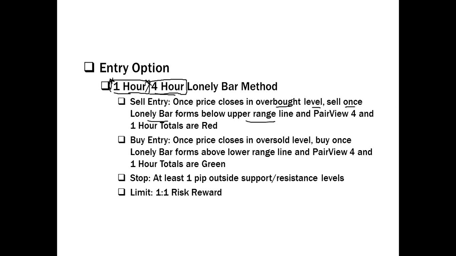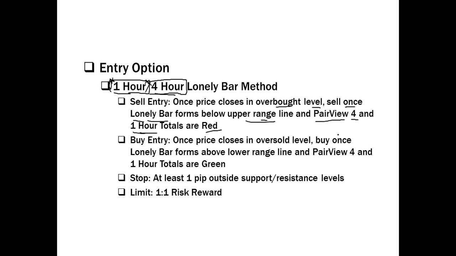But in this case, I'm looking for an added confirmation. On the 1-hour time frame, I want the lonely bar to form below the upper range line. I use the same confirmation that I do on the lonely bar method, which is specifically on my trigger charts, the pair view. I want the 4 and 1 hour totals to be red if I get a sell signal.